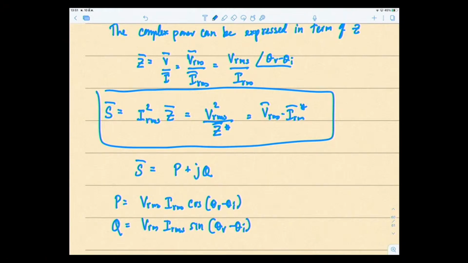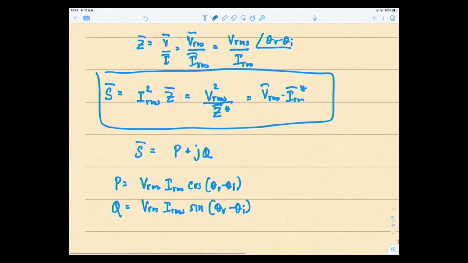Now this is of course average power, true power, or real power, all three names, and this one is called the reactive power. The unit is watt, and this unit is var.